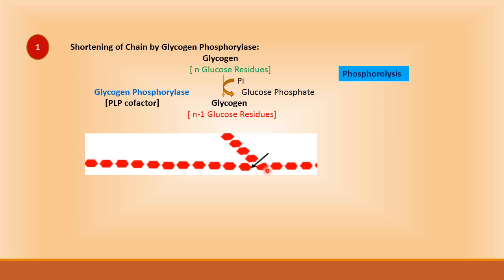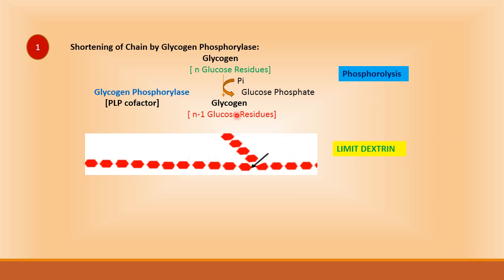Either side we have the 4 glucose residues. So, step 1, that is phosphorolysis, involves shortening of the glycogen chain by glycogen phosphorylase, and the end product is glucose phosphate. Glycogen phosphorylase requires pyridoxal phosphate as the cofactor.